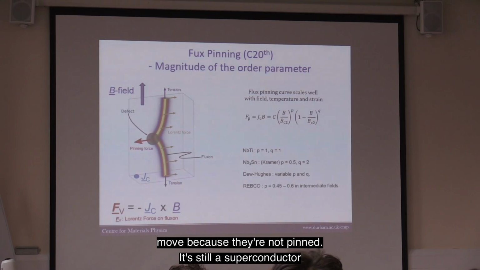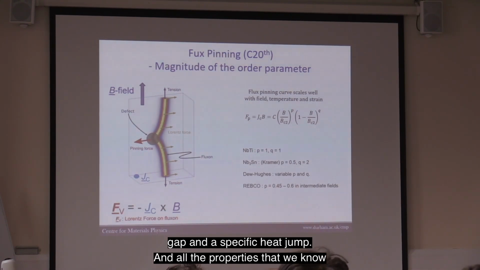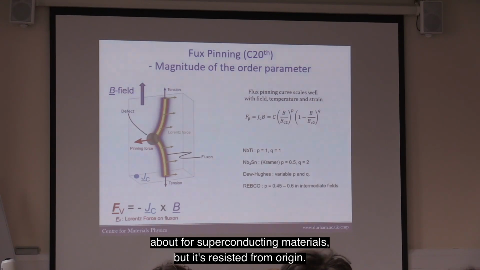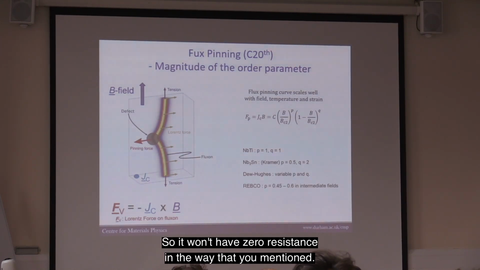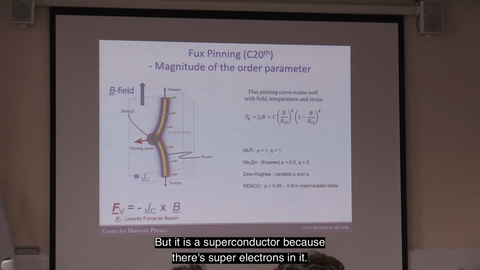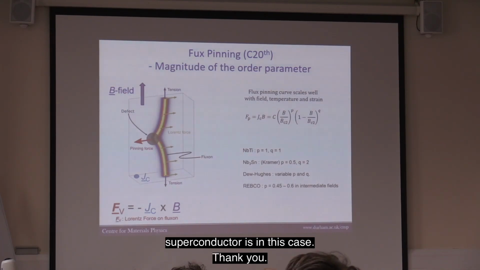It's still a superconductor because there are superelectrons there with an energy gap and a specific heat jump and all the properties that we know about for superconducting materials. But it's resistive from the origin. In other words, as soon as you put a current in, it's just going to move the fluxons, and that's going to generate heat. So it won't have zero resistance in the way that you mentioned, but it is a superconductor because there are superelectrons in it. We need a slightly deeper understanding of what a superconductor is in this case.